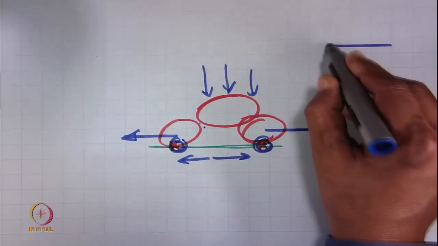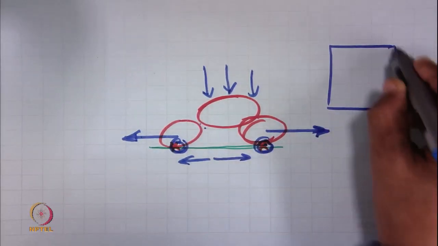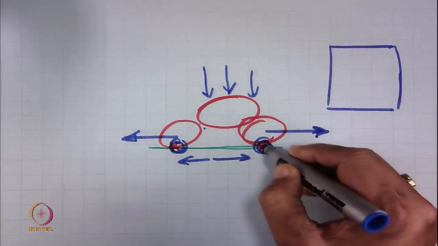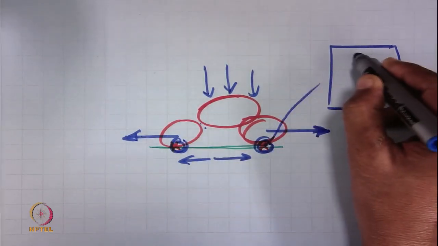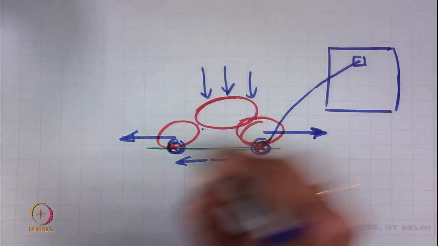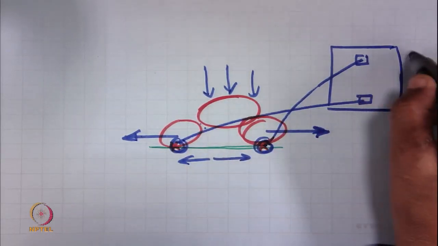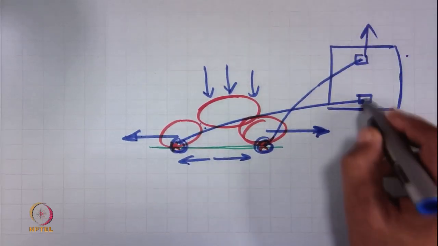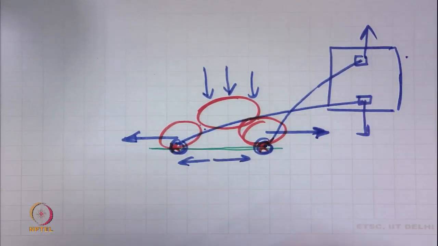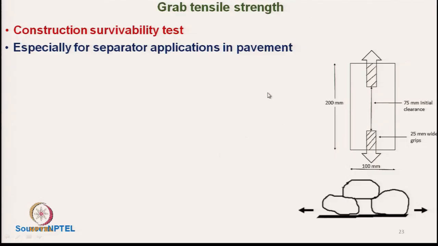Suppose this is the total material width and this is the small grip point, and they will be pulled apart, and this is actually simulated by the Grab test, where we use this geotextile for separation application.